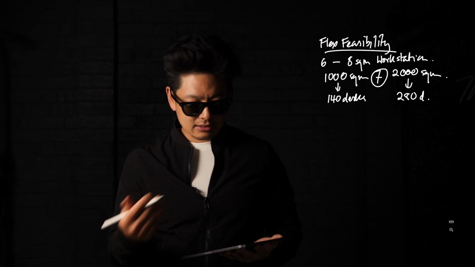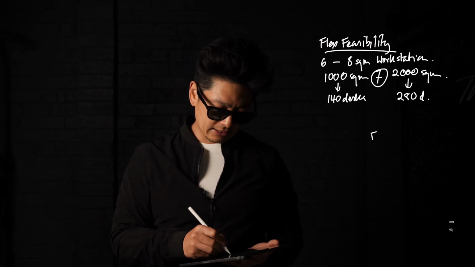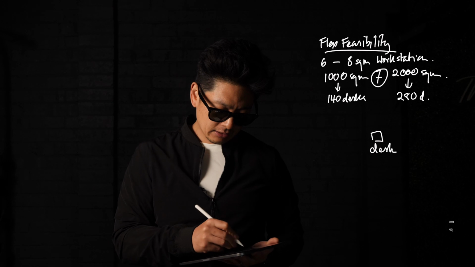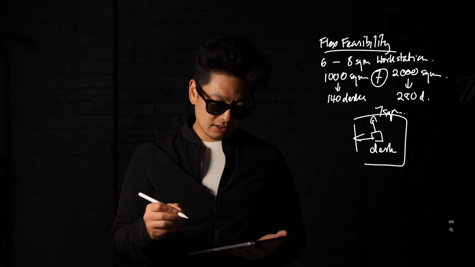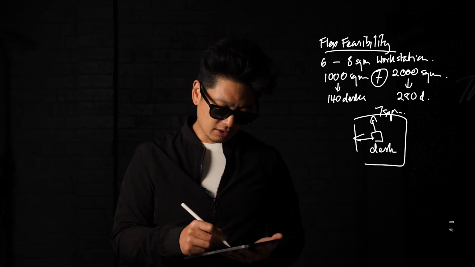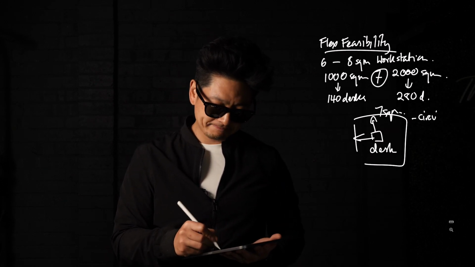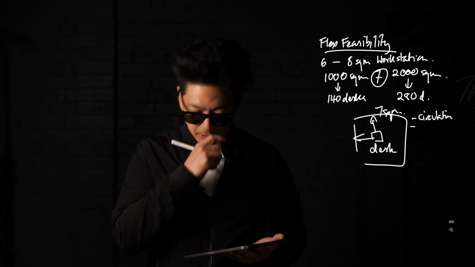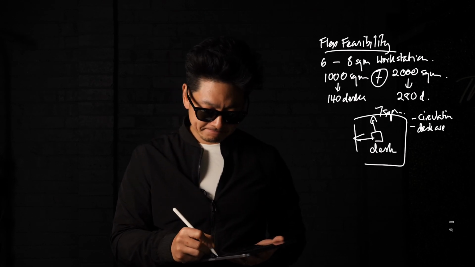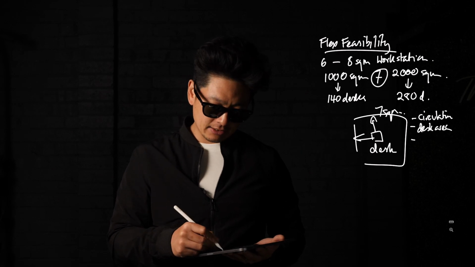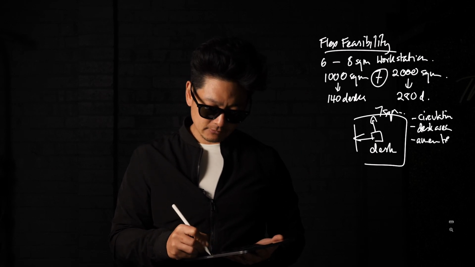And when I say it's 7 square meters per workstation, it's not like a desk has 7 square meters around it in terms of area. The 7 square meters is actually a combination of your circulation, the actual area around the desk, and it also accommodates the amenities of the floor.